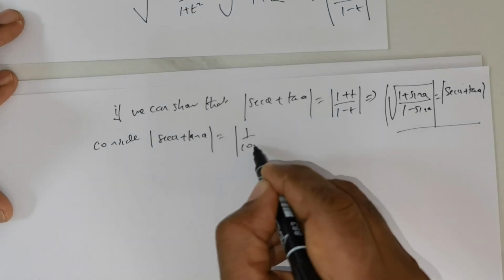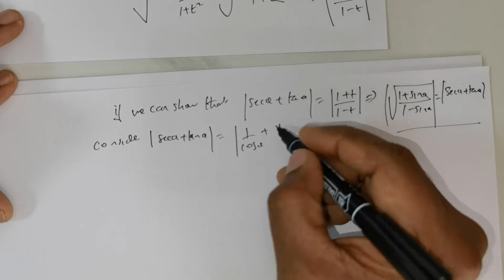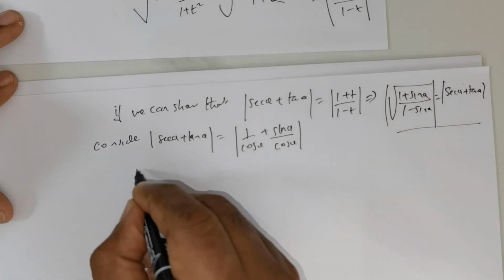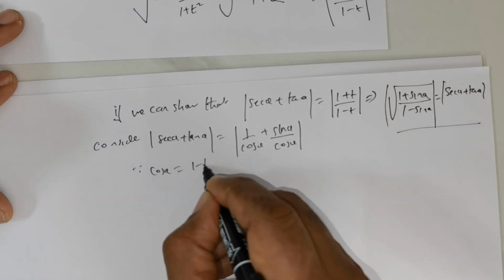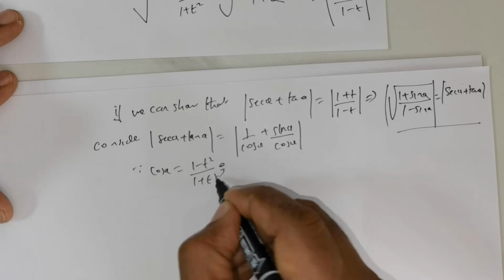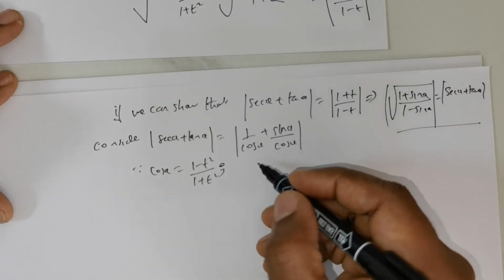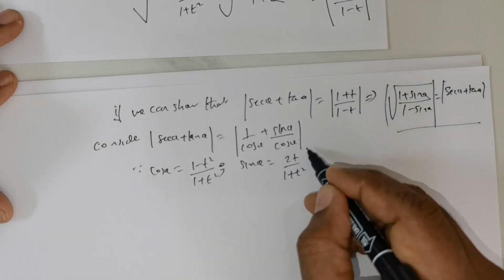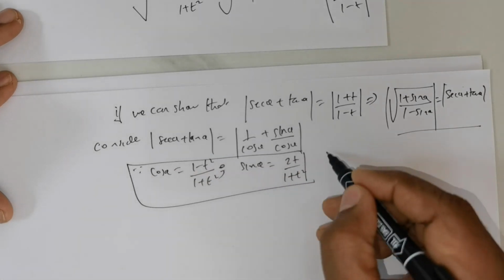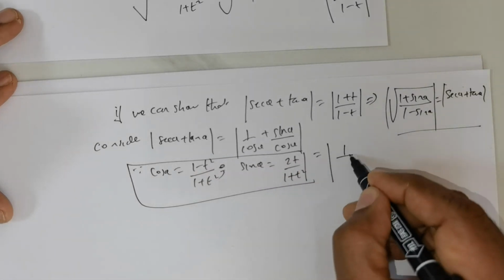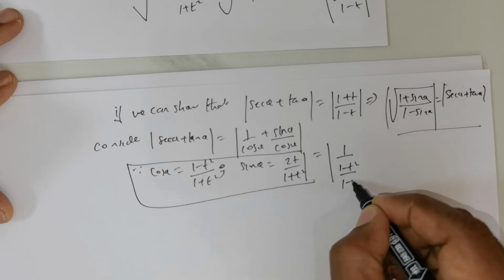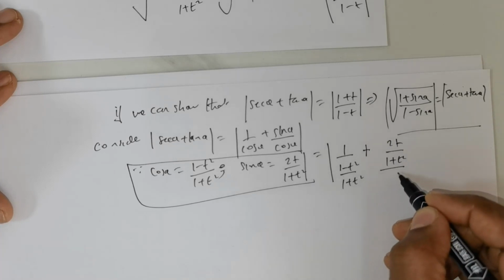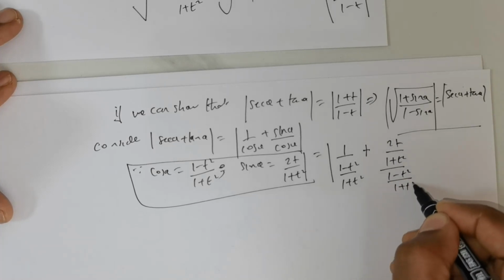Now secant theta is 1 over cos theta, and tan theta I'm going to write as sin theta divided by cos theta. Since cos theta is (1 minus t squared) divided by (1 plus t squared) by the tan half angle substitution, and sin theta is 2t divided by (1 plus t squared), this is equal to 1 over (1 minus t squared)/(1 plus t squared) plus (2t/(1 plus t squared)) divided by (1 minus t squared)/(1 plus t squared).